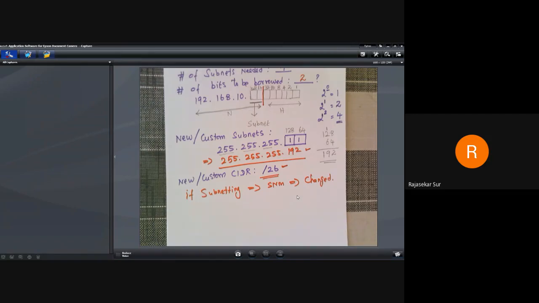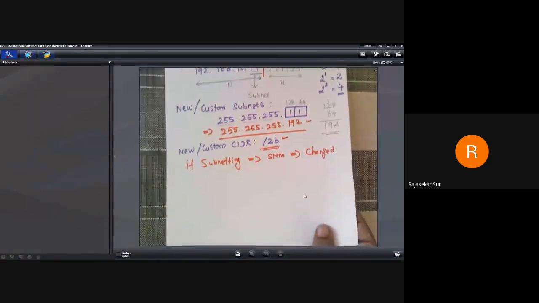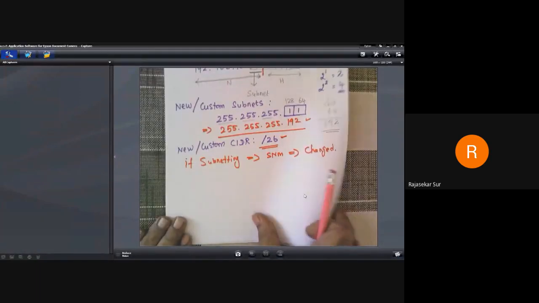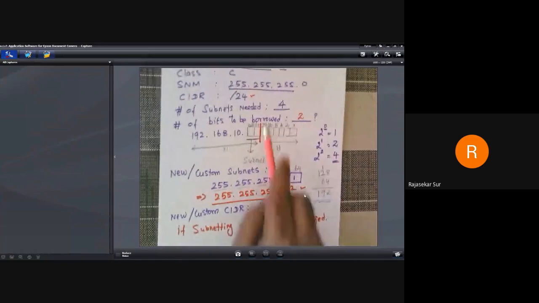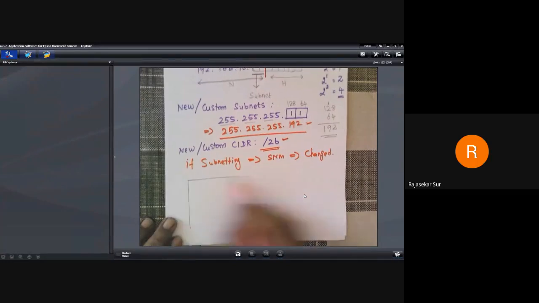Okay. So now up to this, we are finding the new subnet mask. I'm continuing with the next stage. The next step is we decided 4 subnets. Now, for every subnet, listen. I take this as one network.